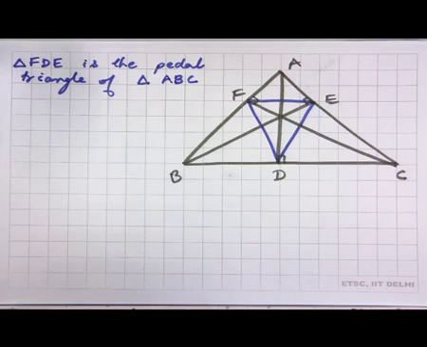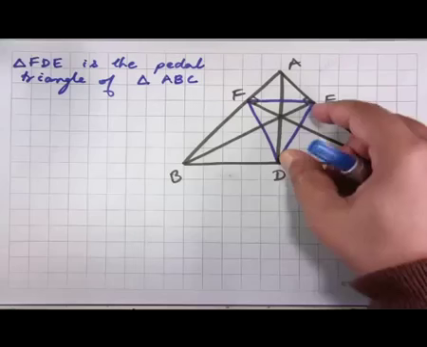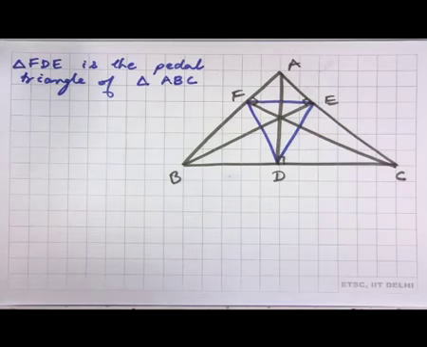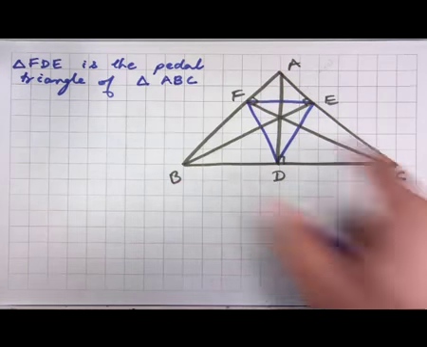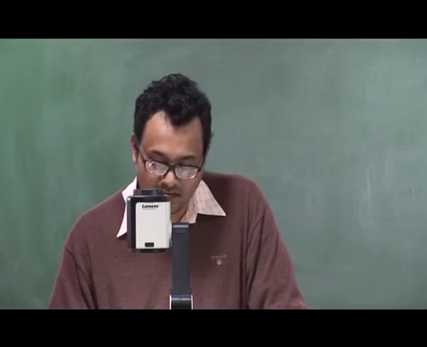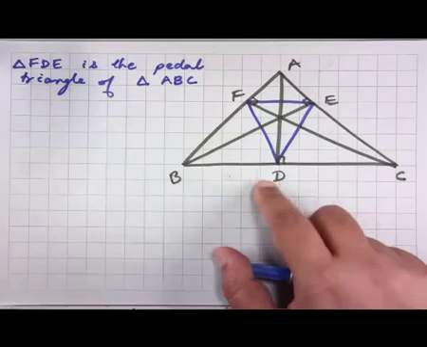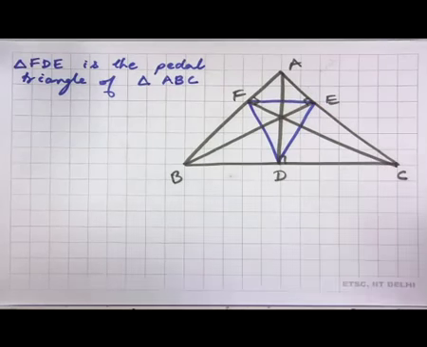Next, we will try to find expressions for the lengths and the angles of this pedal triangle. Of course, corresponding to any given triangle, there is always a unique pedal triangle, because the location of these pedals are unique.